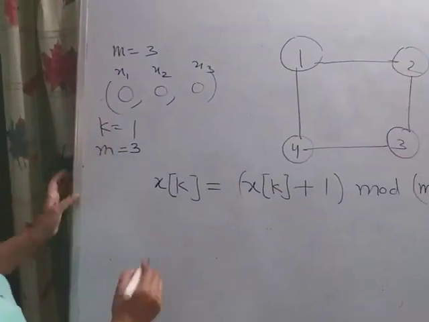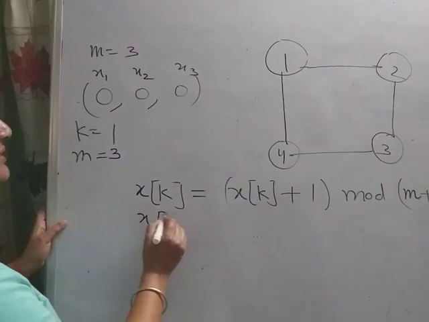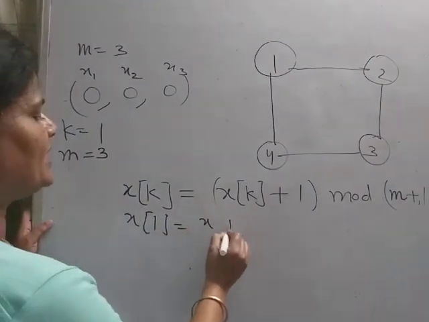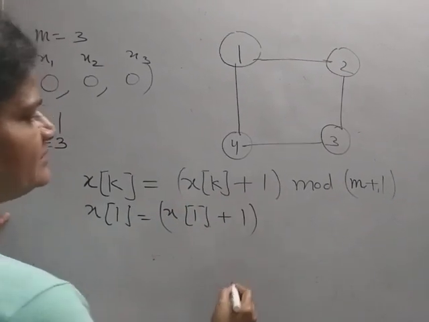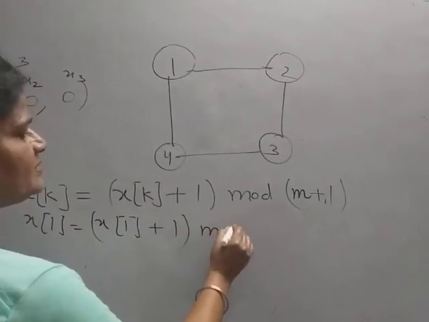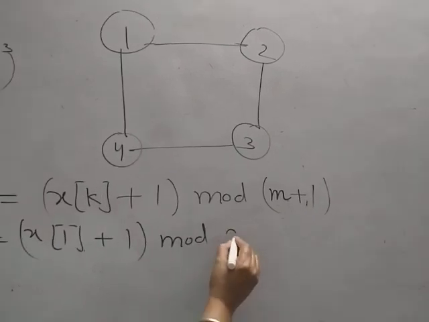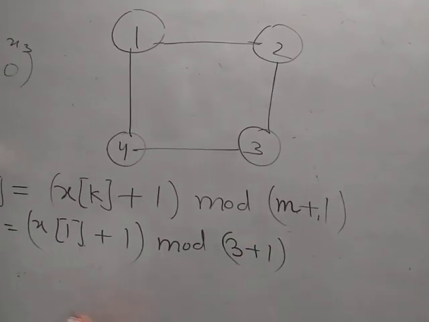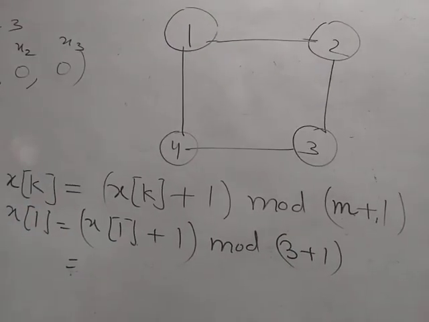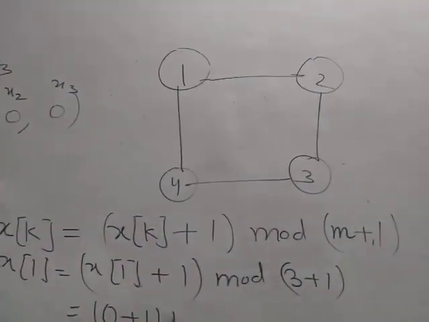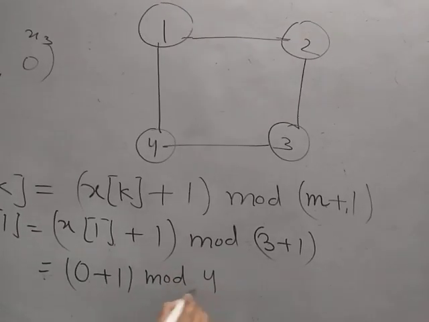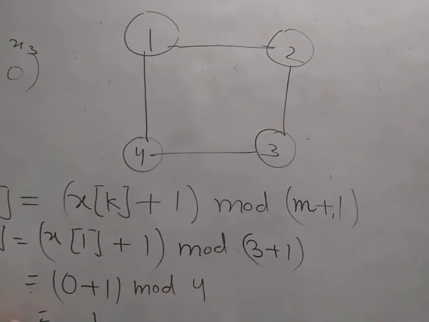So x1 equals (x1 + 1) mod (m + 1); m is 3, 3 plus 1 is 4. Here x1 is 0, 0 plus 1 mod 4, so this will give the value 1.